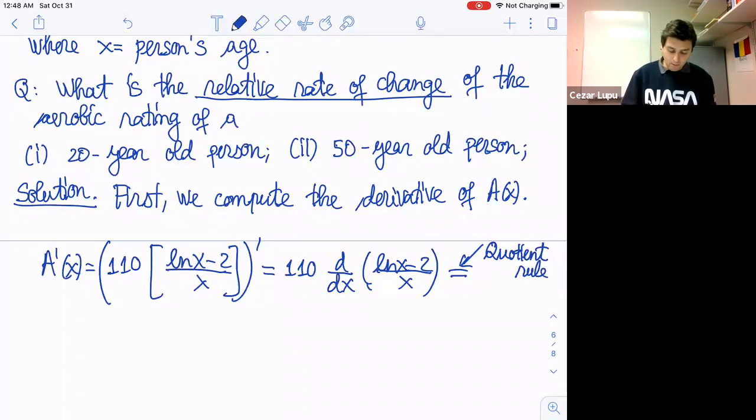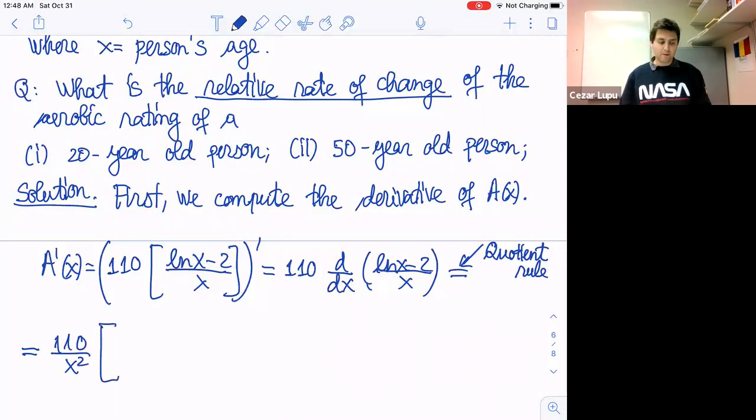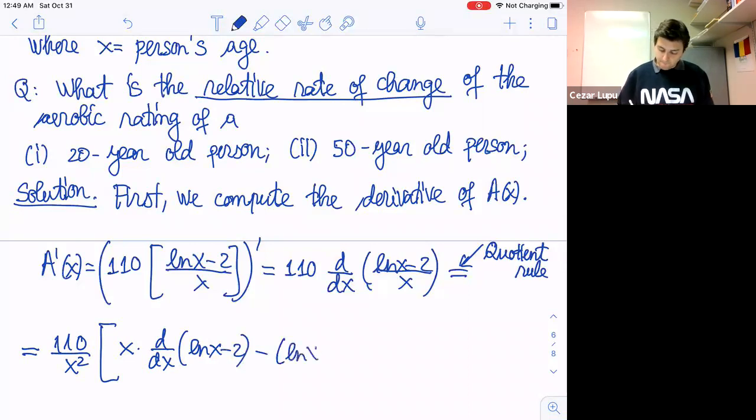So by applying the quotient rule, this would be equal to 110 everything over x squared times x times the derivative with respect to x of ln of x minus 2, minus ln of x minus 2 times the derivative of x with respect to x.